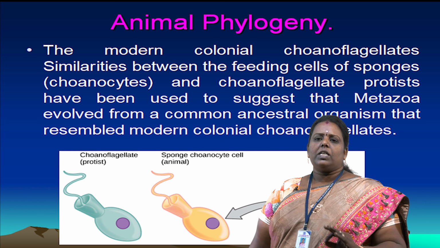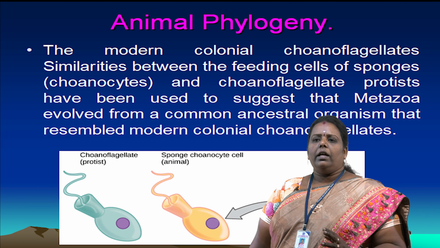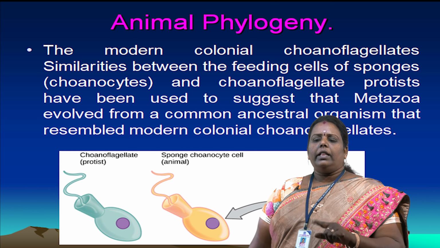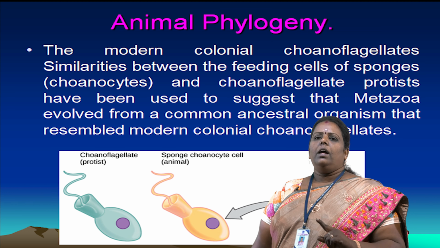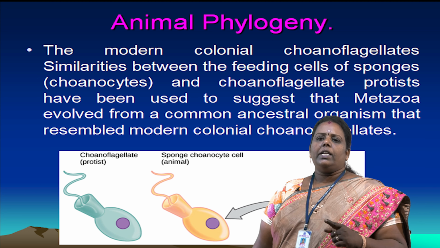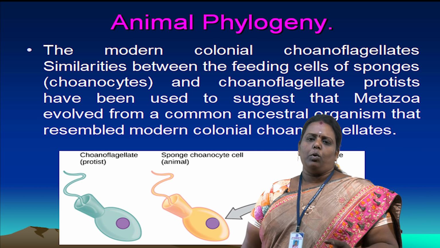The first animals are called protists. Next, the sponges' external structures also developed, the sponge choanocyte cells, the animal cells, and it also developed from the choanoflagellate protist cells.